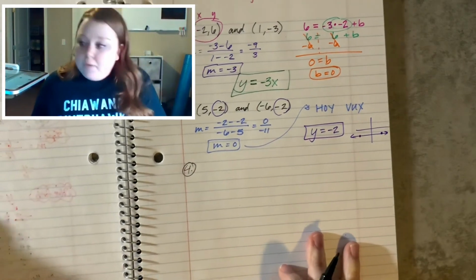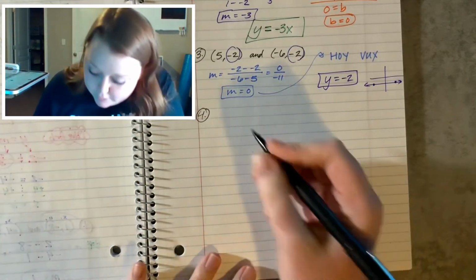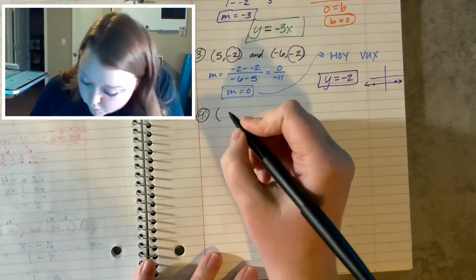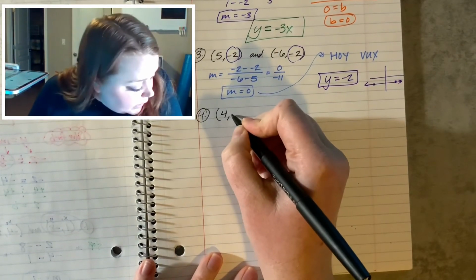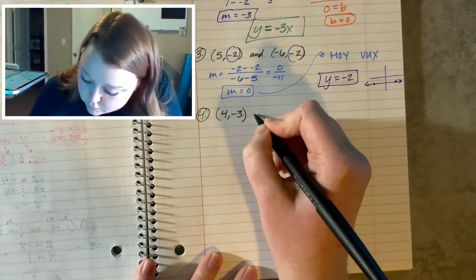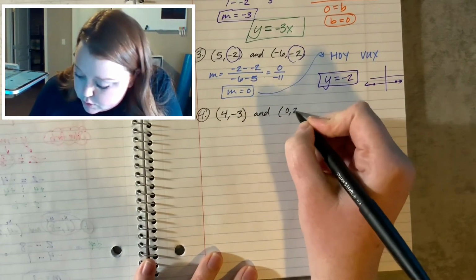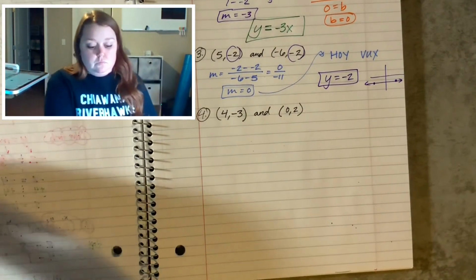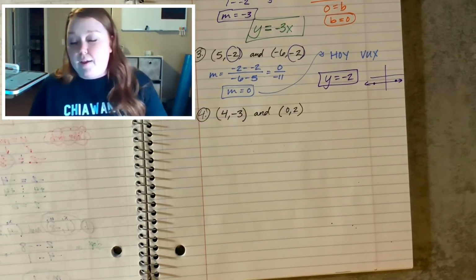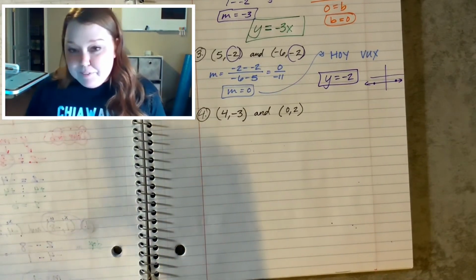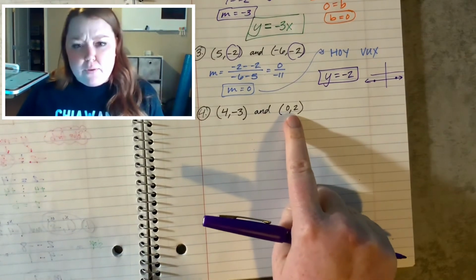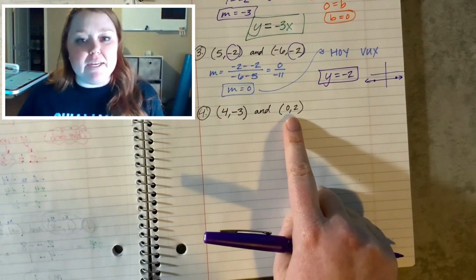Here's number 4. Okay, number 4. 4, -3 and 0, 2. Okay, I hope some of you on this one are looking at that going, it's got a 0 in it.